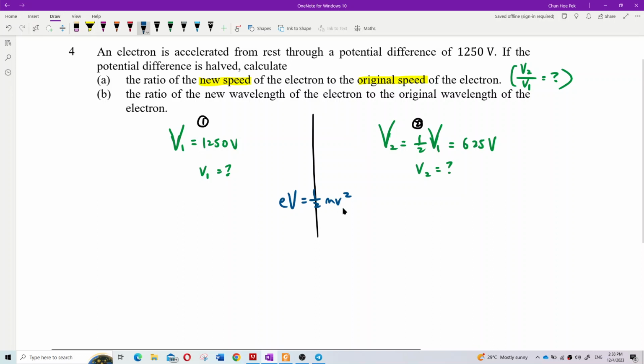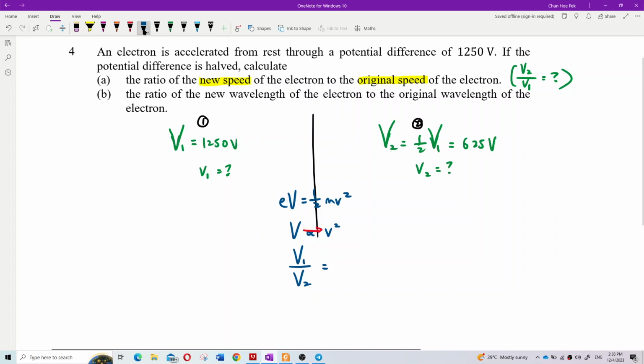So we can say voltage is proportional to velocity square, and then we can make a relationship between voltage and velocity. We can make it like V1 over V2 is equal to, if voltage at the top, because they correspond to each other, velocity also at the top.